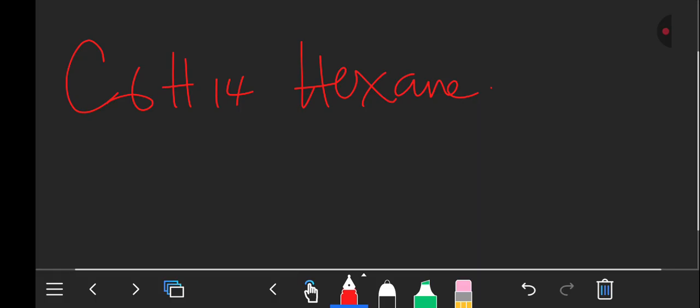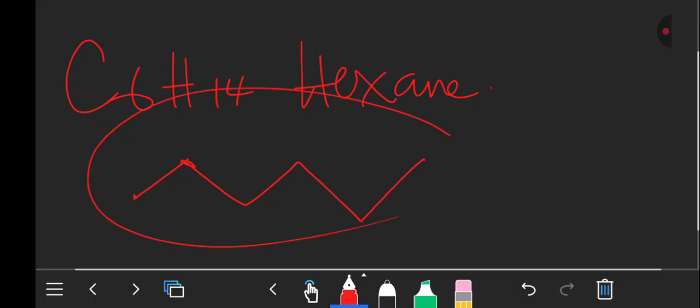For carbons, you just represent it with a dot like that for carbon number 1. Carbon number 2 there, it will form a line. Carbon number 3, 4, 5, 6. By just drawing this, you would have shown the structure of hexane. You see that this is very simplified, right?